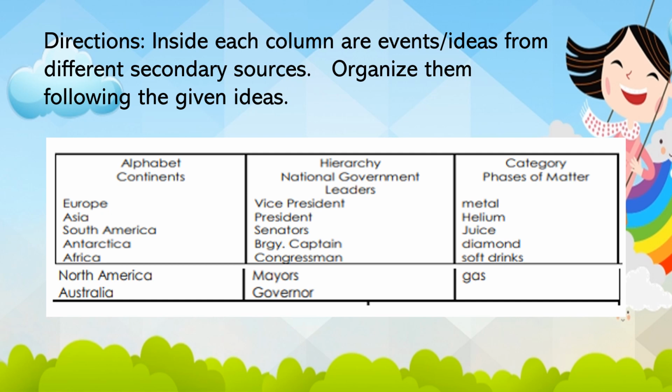Next is hierarchy. We have the national government leaders. You're going to rank them according to position. Who is in the first or highest position? Vice President, President, Senators, Barangay Captain, Congressman, Mayors, and Governor. And next is category. We have the pieces of matter.